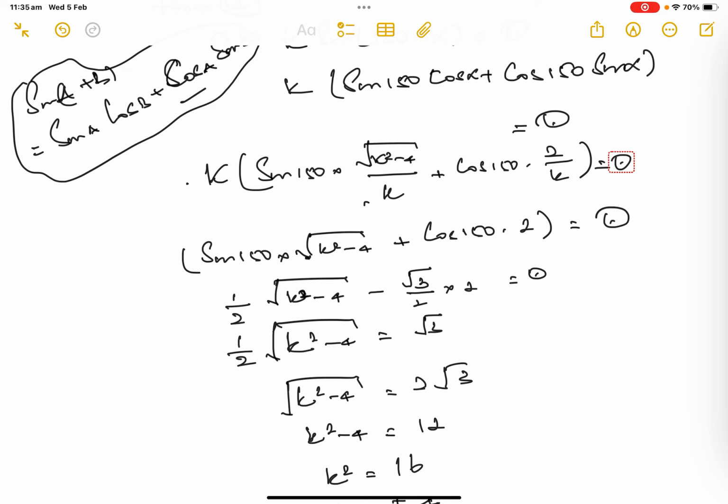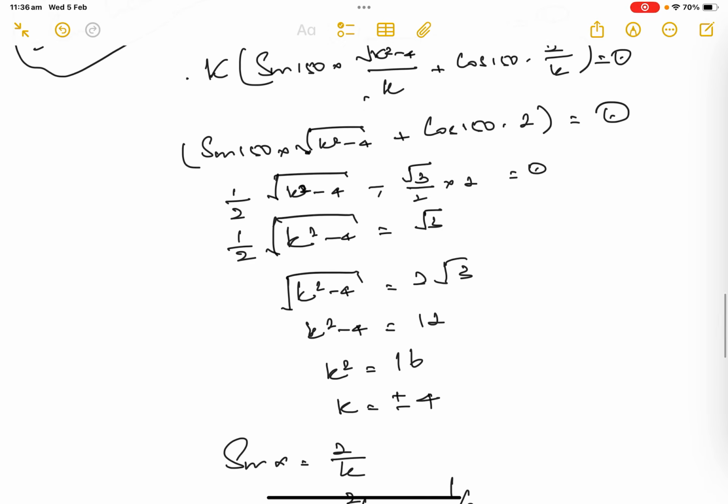The sine 150 is half. Students should know about it. So half times the square root of k squared minus 4, minus, cos 150 again, you should know, is minus root 3 over 2. So the plus becomes minus, root 3 over 2 times 2, equals 0.